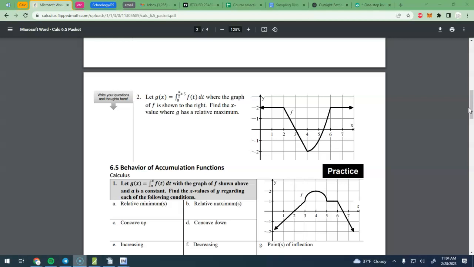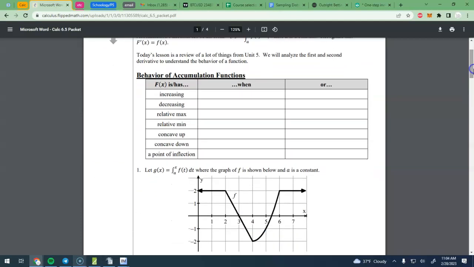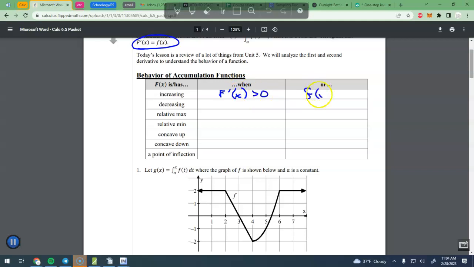I want to go back and fill out that table. So remember that capital F prime equals lowercase f. So increasing when capital F prime equals lowercase f is greater than 0.